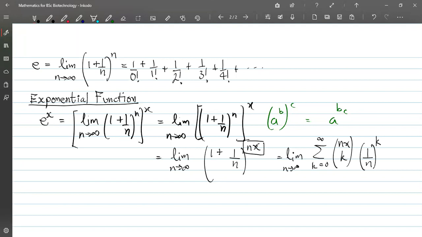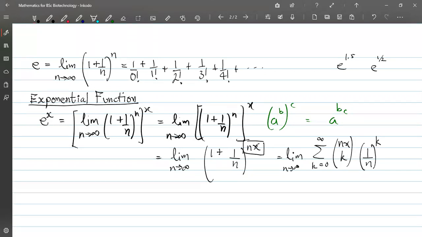So if you ask what is nx choose k, this x need not be an integer. So although I said you can find f of 1, 2 and so on, you can also find f of 1.5. So you can find, for example, e to the power 1.5 or e to the power 0.5, right, e to the power 1 by 2 and all those. So this x need not be an integer, so nx need not be an integer, but that doesn't matter.